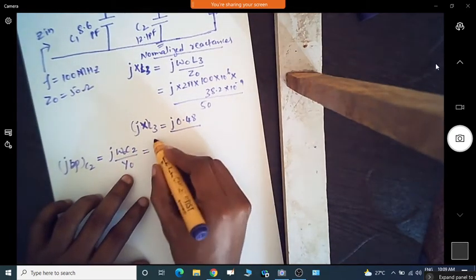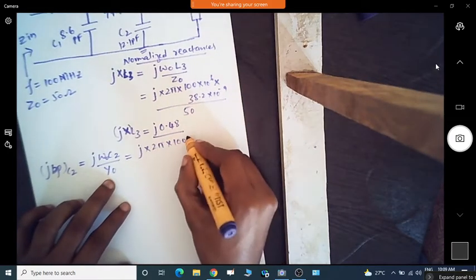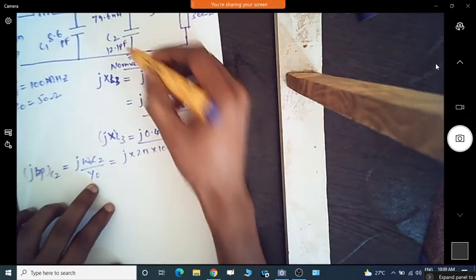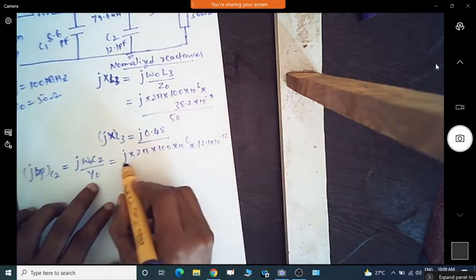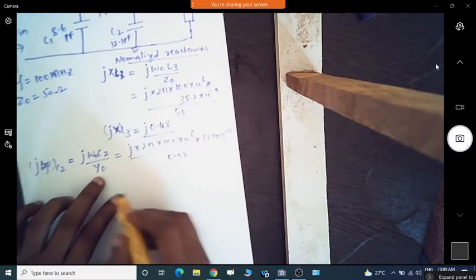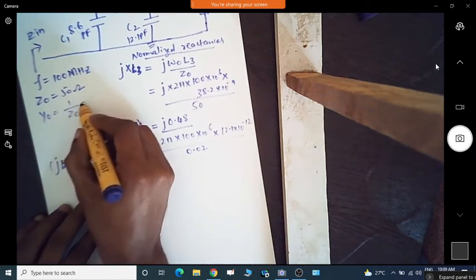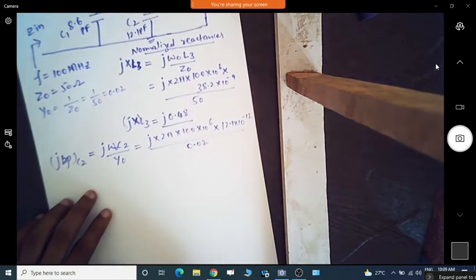Now put in the values: j into 2 pi into 100 into 10 power 6, C2 is 12.1 into 10 power minus 12, divided by 0.02, because Y0 is 1 over Z0, which is 1 over 50, which is 0.02.